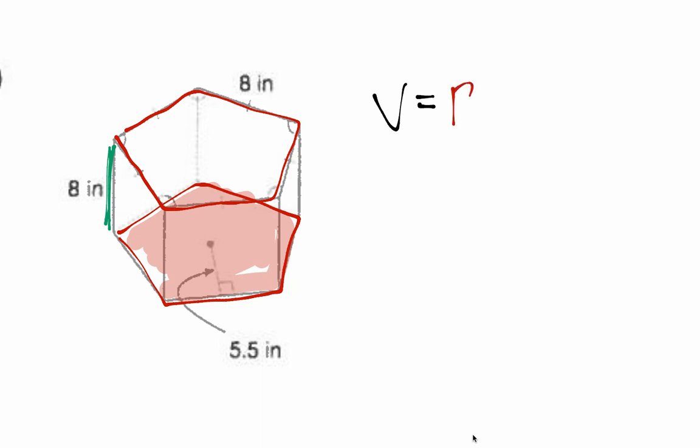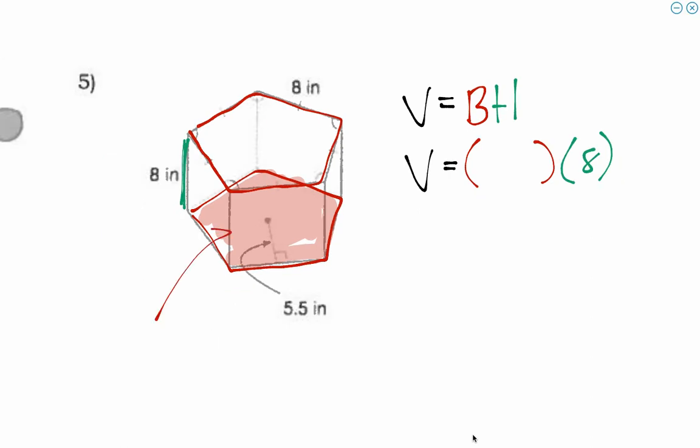So volume is base times height. So since it's an n-gon, B equals A times P divided by 2.